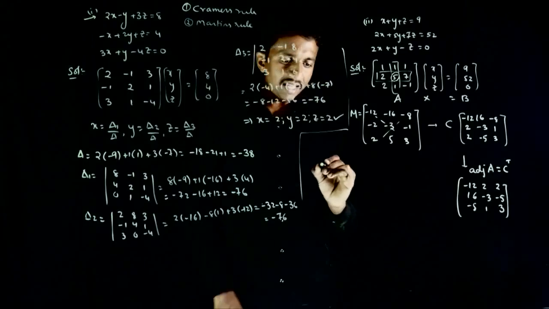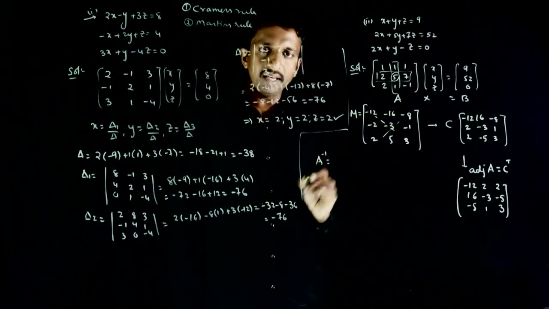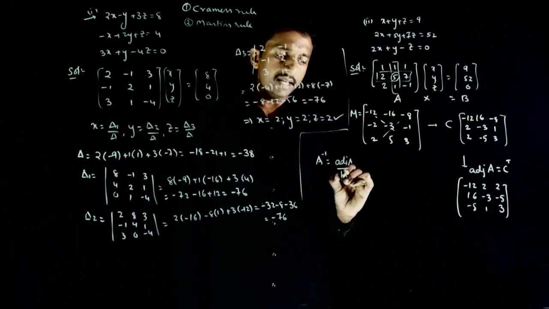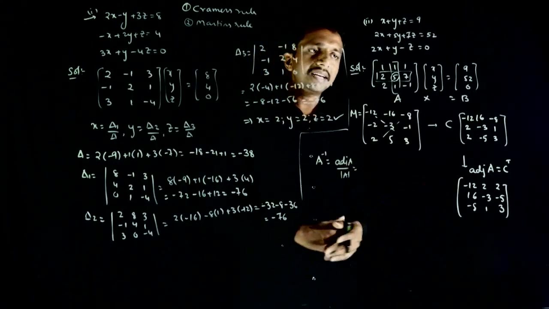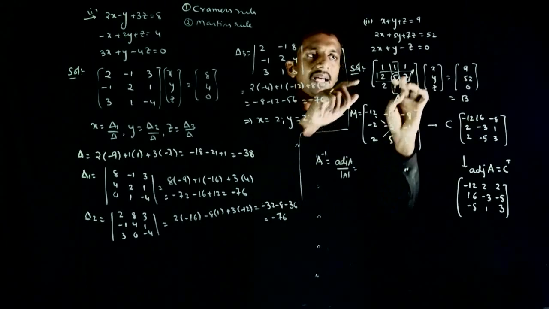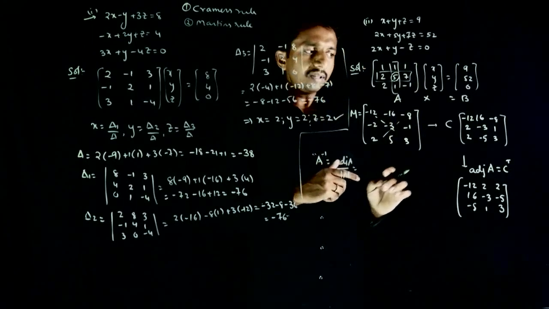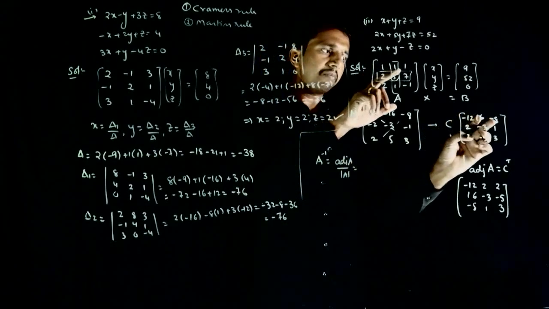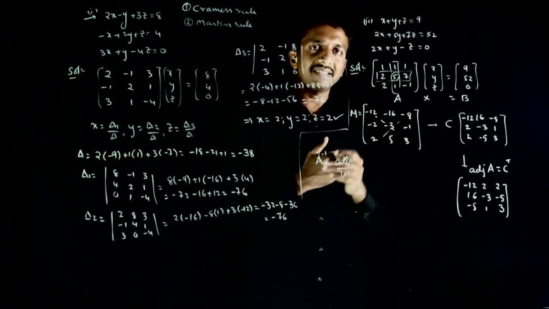And what is A inverse? A inverse is adjoint of A by det A. So what is det A? Det is nothing but the multiplication of any row with the corresponding cofactors. So minus 12, minus 8, minus 20, plus 16.